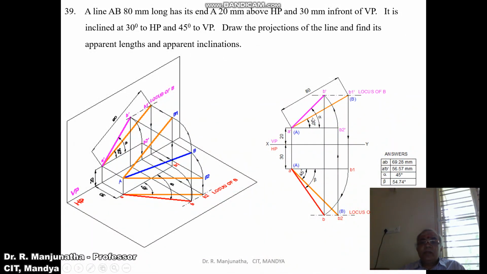So now you get the true length in the front view and the true length in the top view. That is the reason we are representing this as capital A and capital B and capital A and capital B. That means the true length of the line is the same in both the front view and the top view.